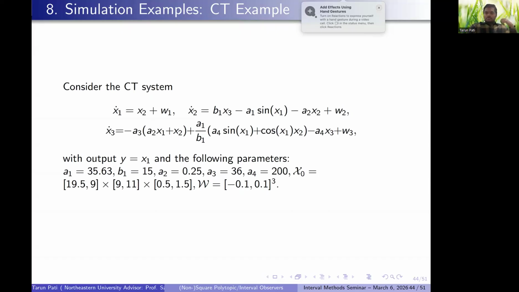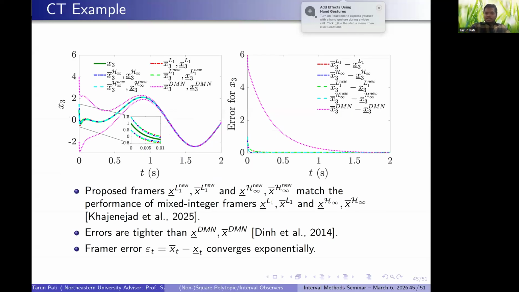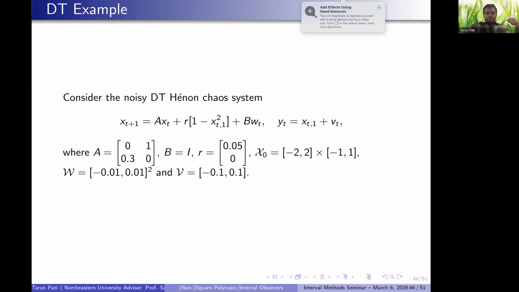And to show the effectiveness of our proposed approach, we've taken two case studies. The first one is a continuous time case study whose dynamics are given here. From the results, it can be seen that the proposed framers guaranteedly bound our true state, and they also converge to the true state faster than our earlier approaches, as well as some standard interval approaches in the literature.